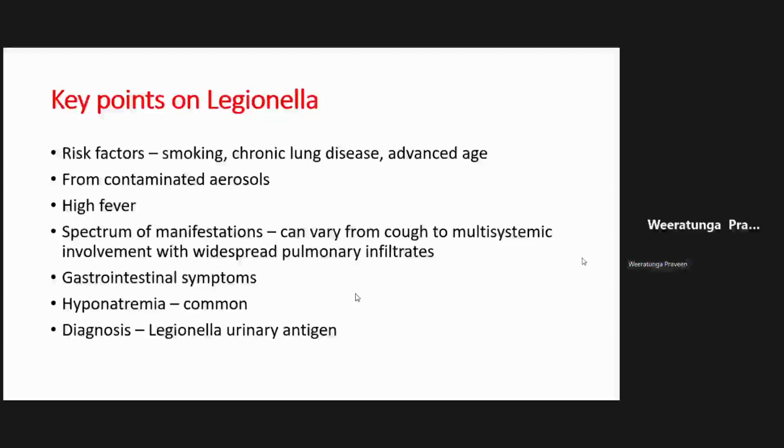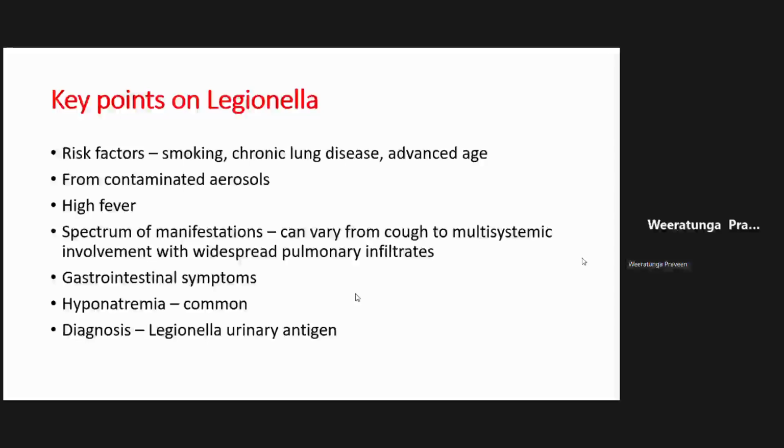Legionella can have a spectrum of manifestations. One of the important things to remember here is that hyponatremia is very common in Legionella infection, and the mechanism is probably SIADH related.